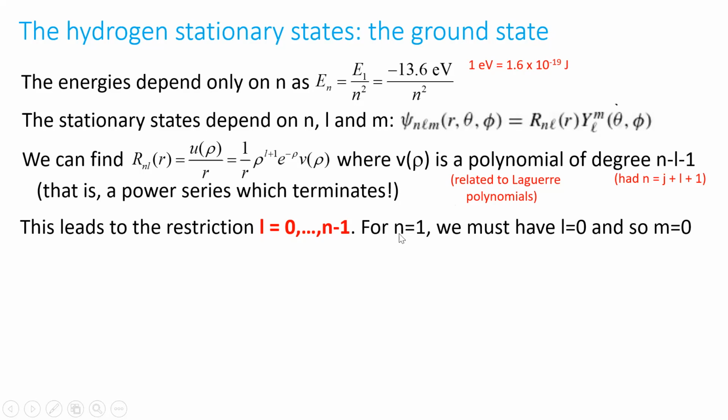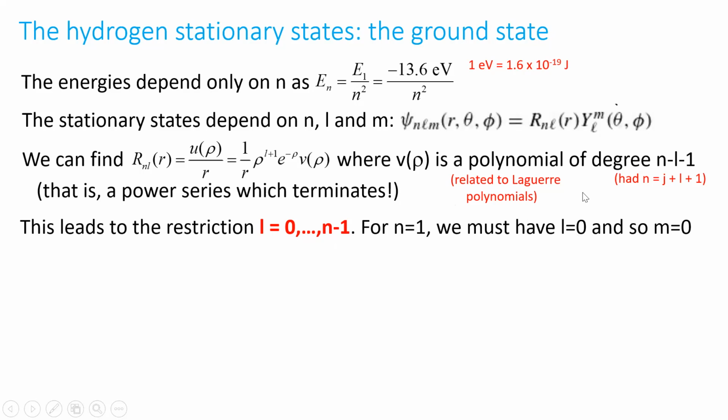Okay, so for n equal 1, which is the ground state, the first state with the lowest energy, E1, this says that L would have to be 0 because n minus 1 is 0. So L would be equal to 0.